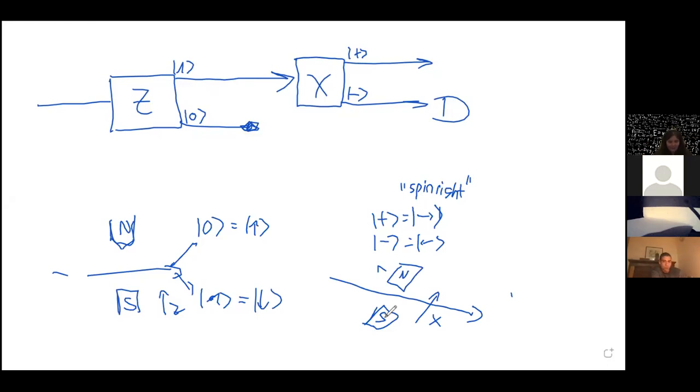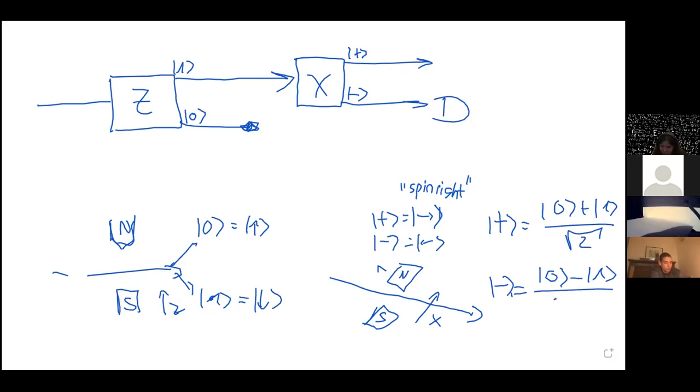So there you have to think about how I can write my plus and my minus. This is something I did before. Plus was (0 plus 1) over the square root of 2, and minus was (0 minus 1) over the square root of 2.